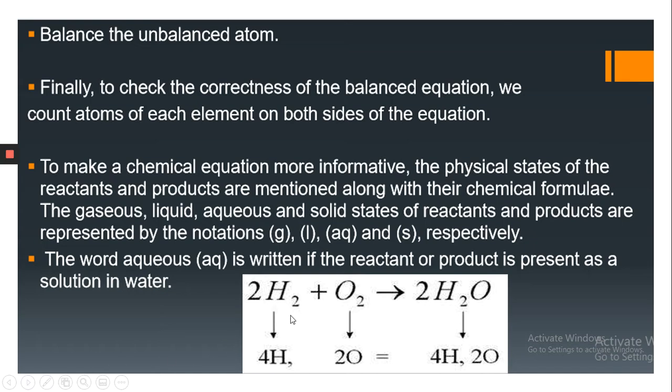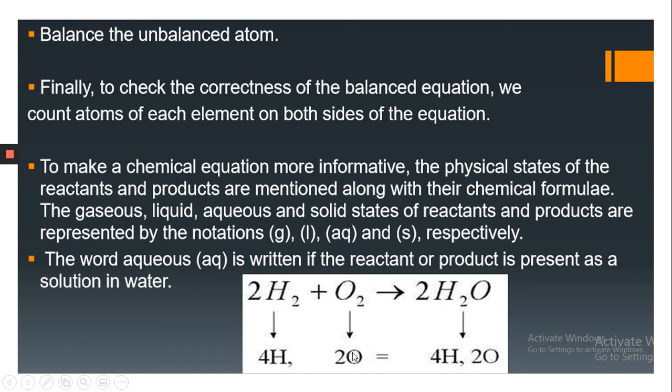In this reaction, this is 2H2 plus O2 giving 2H2O. On the left hand side, in the case of hydrogen, there are 4 atoms. And in the case of oxygen, there are 2 atoms. Now, we have to balance the equation.